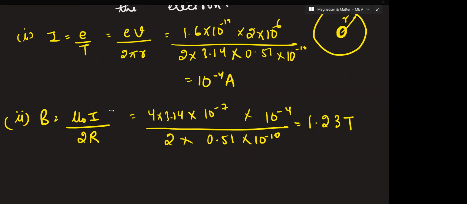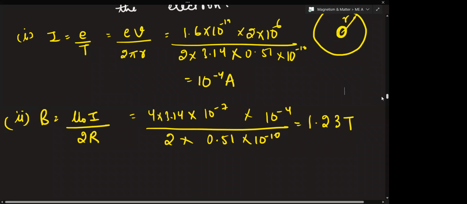I wrote B equal to mu naught NI. That formula I used. Then obviously with pi it will be a little different. Fine, that's also fine, mu naught NI. But for the circle, we have exactly this formula. So I think that's where the variation came. That's why the powers of 10 were coming huge.